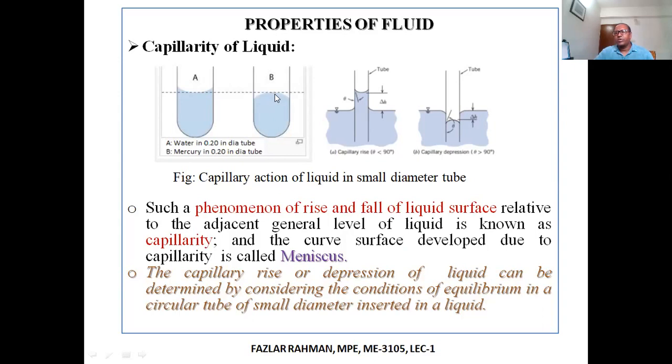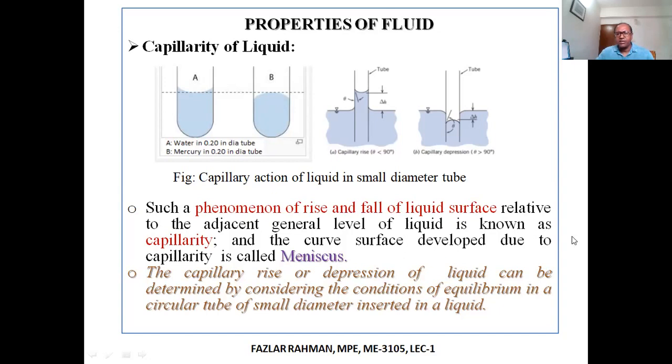And in condition B, fluid level falls down, right? So due to the dominance of adhesion or cohesion, sometimes you see fluid level going up at the wall or going down at the wall. This phenomenon is known as capillarity.